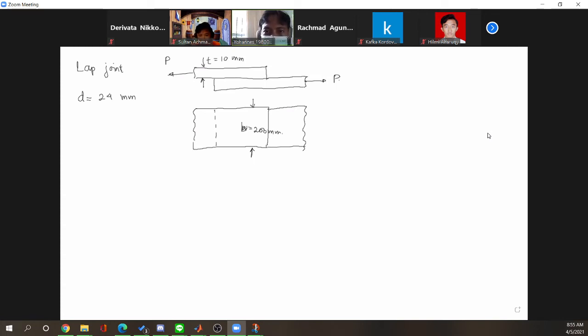And now we have the data on the strength of the material. So the allowable tension and compression stress of the plate material is, so the plate material has tensile 112 and compression strength is 200.